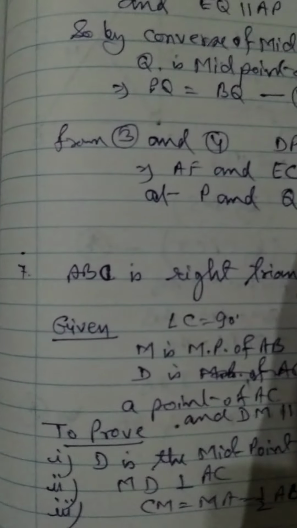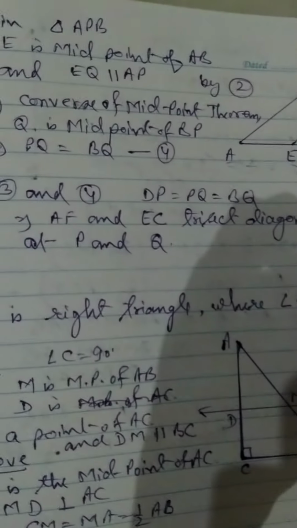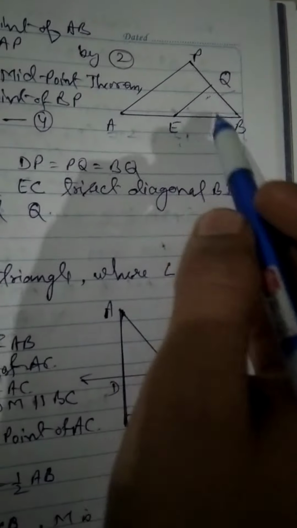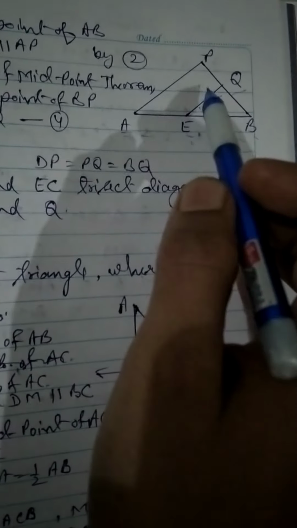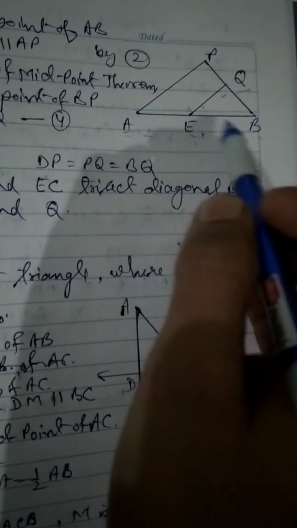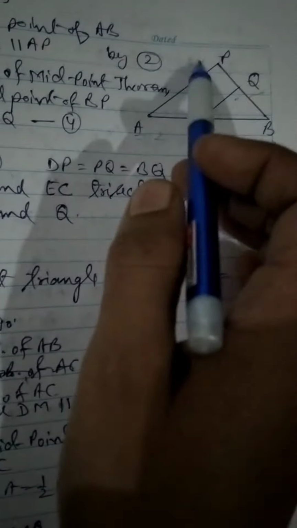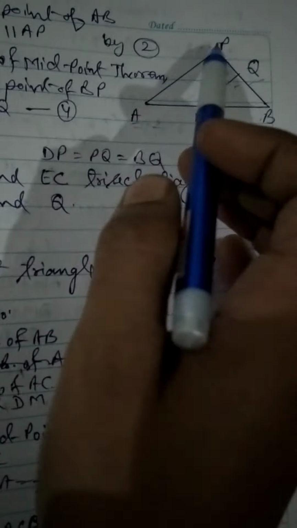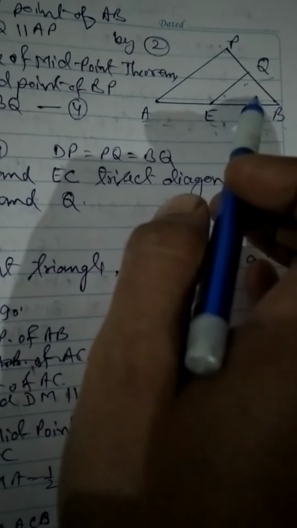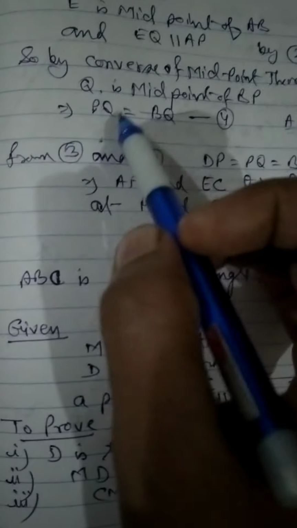So if EQ is parallel to AP and E is the midpoint of AB, the converse of the midpoint theorem is fulfilled. So the result follows that Q is the midpoint of PB. If Q is the midpoint of PB, it means PQ is equal to QB.